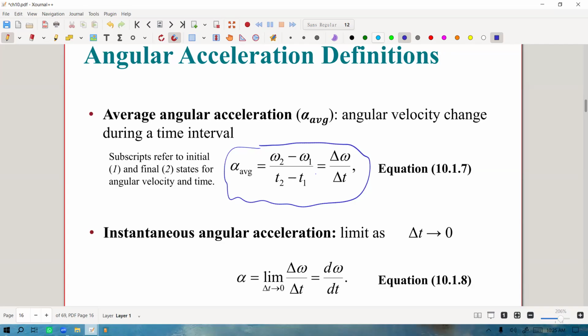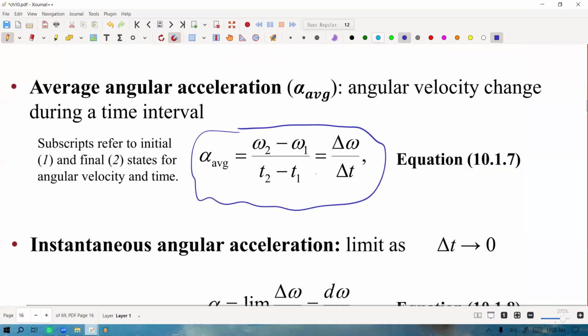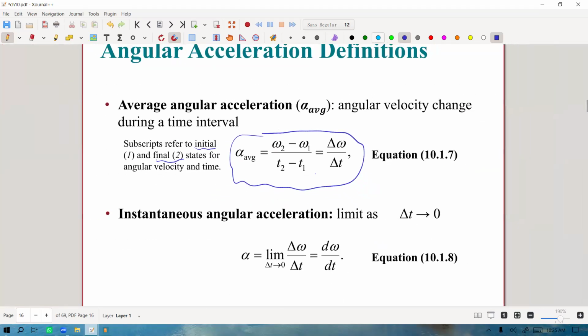Okay. So consider again, subscripts refer to initial. So 1 is equal to initial, and 2 is equal to the final position or final velocity. Okay, so for instantaneous angular acceleration, we take the limit as delta t goes to zero.